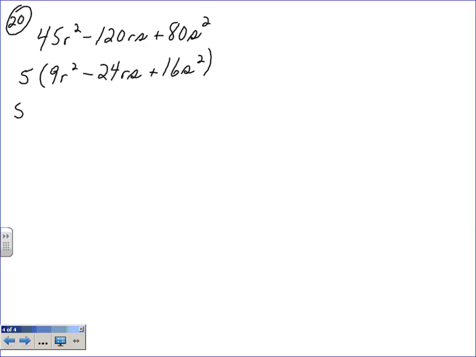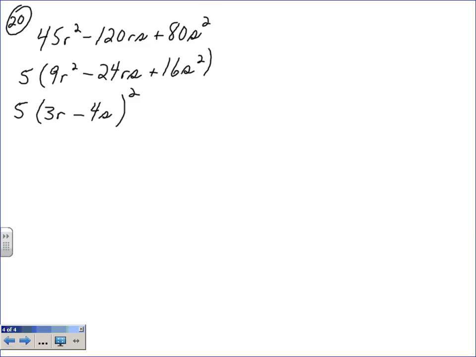Well, just to finish this up, 9r squared is a perfect square. 16s squared is a perfect square. Maybe it'll factor as 3r. 9r squared would be 3r times 3r. 16s squared would be 4s times 4s. Maybe it'll factor this way. My middle sign would be negative.